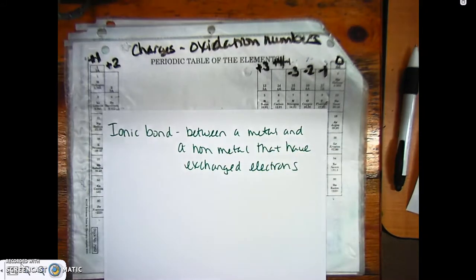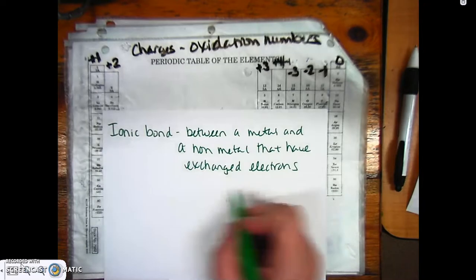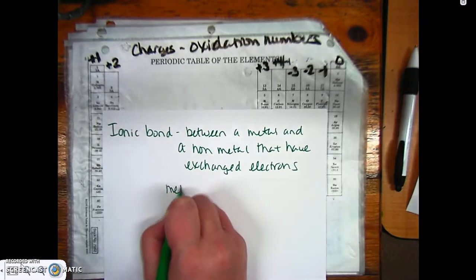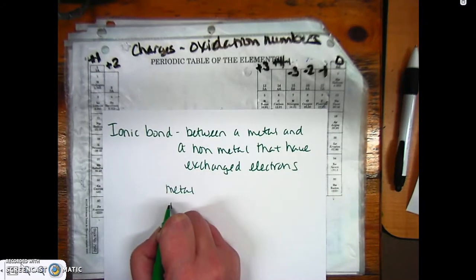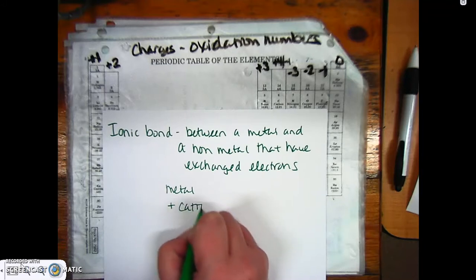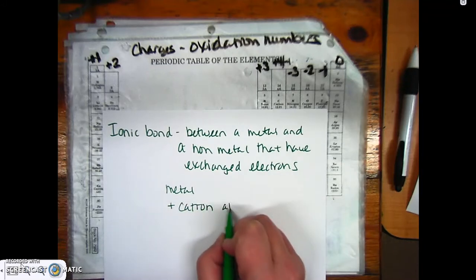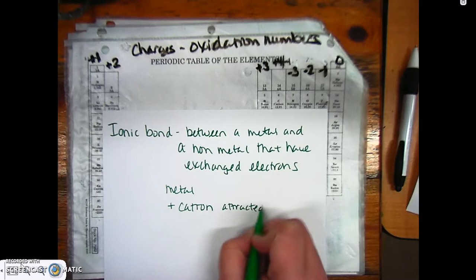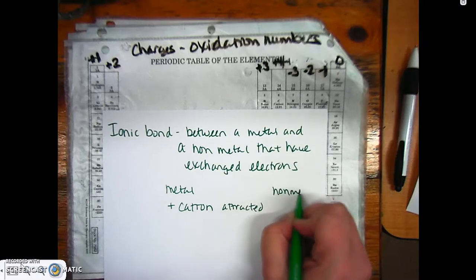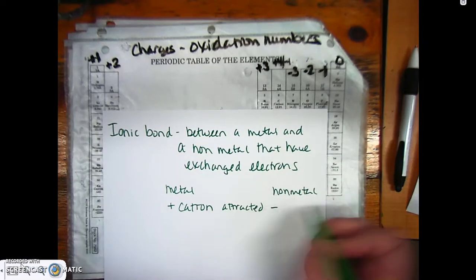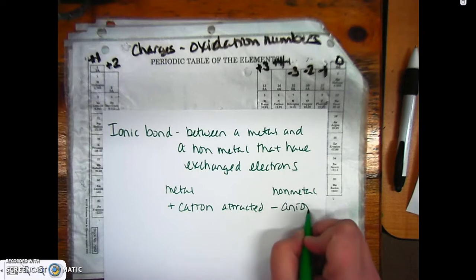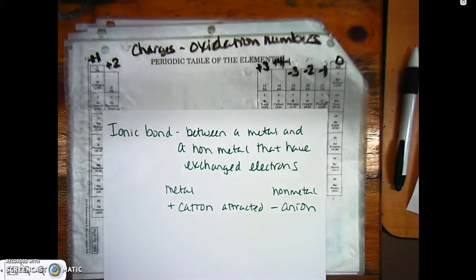Remember that the metal is going to be positive. So a metal is a positively charged cation, and it's going to be attracted to a nonmetal that is a negatively charged anion. So opposites attract. When a metal becomes positive and a nonmetal becomes negative, then they're attracted to one another.